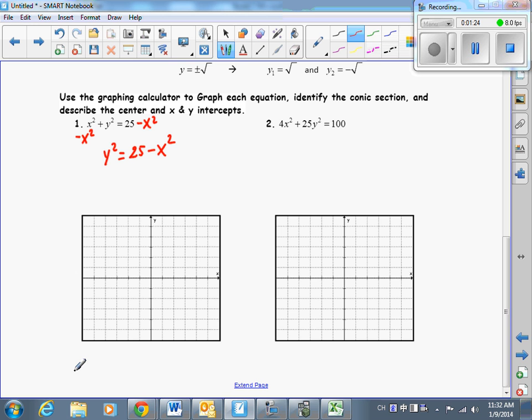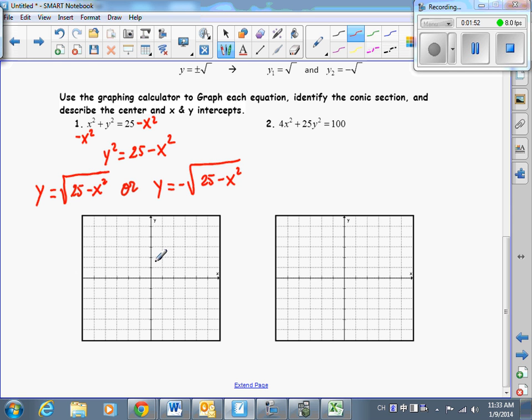Now, from here, the next thing is to find the square root. Once you find the square root, who can tell me what exactly I will get? Y is equal to plus or minus the square root of 25 minus x squared.